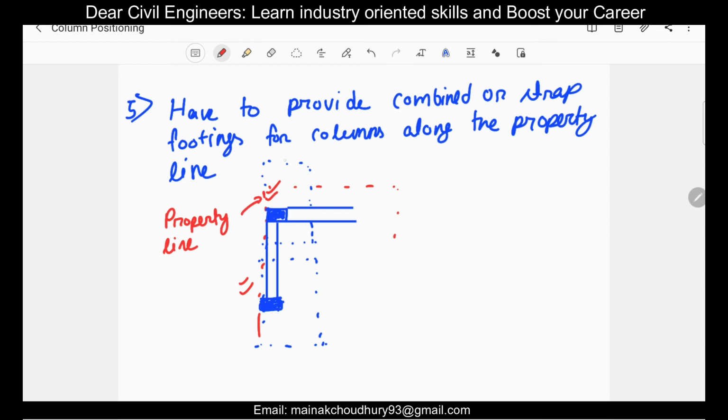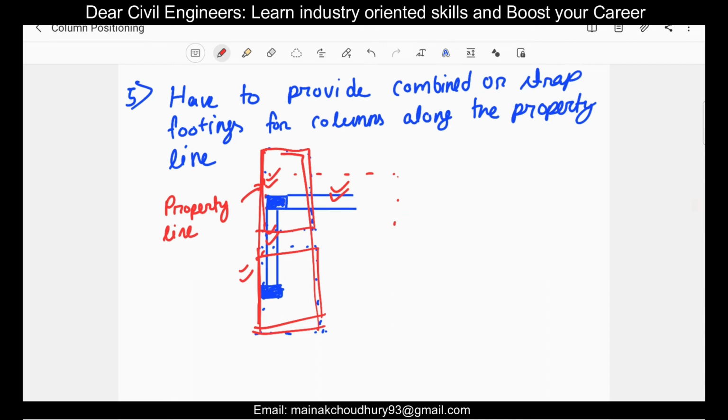So we cannot make the footing or the column beyond it. In that particular case, we have to make a strap footing like this, and we also have to provide strap beams along both directions, or else we can provide a combined footing like this and also provide the strap beam. So this is the option of providing columns along the property line.